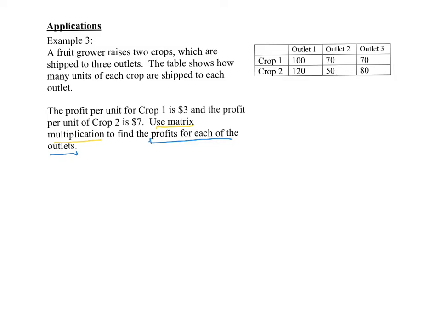So it wants me to find the profits for each outlet. So I'm thinking, what am I trying to find? I'm trying to find profits by outlets. That's what I want my result to be. Okay, now if I think about matrix multiplication, that means I want my first matrix to be profit by something.